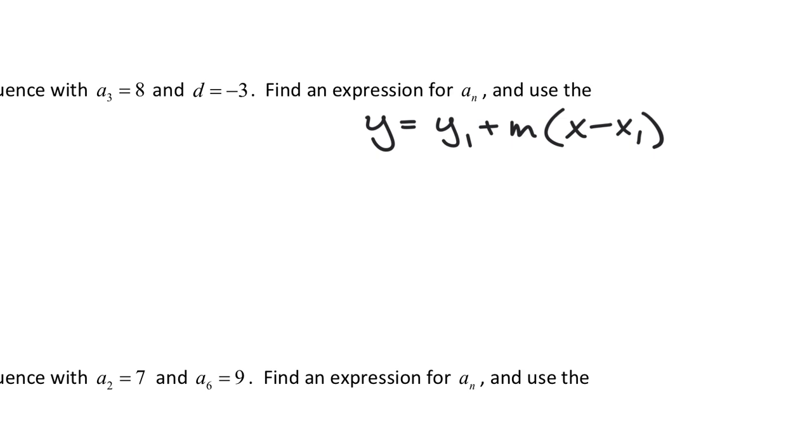I just moved the y1 to the other side, so it's solved for y. If we change it from point slope form to sequence notation, this would be A sub n equal to some other value in the sequence, A sub k, plus the common difference times n minus the other input value.